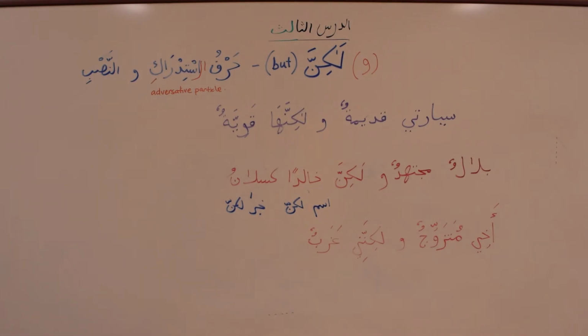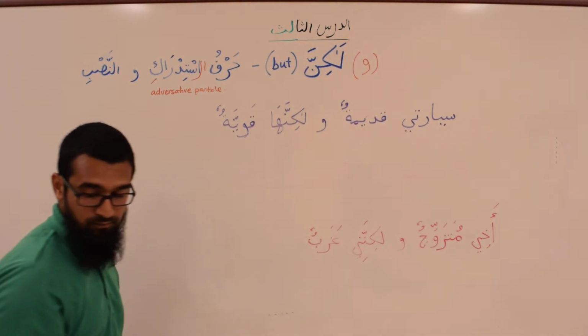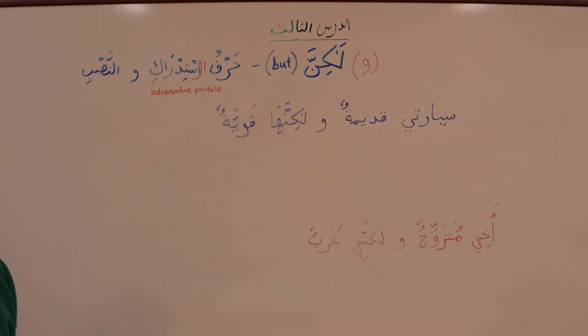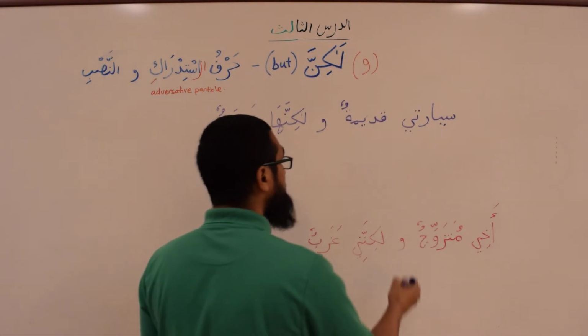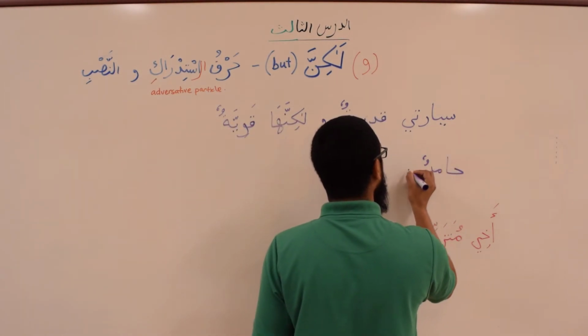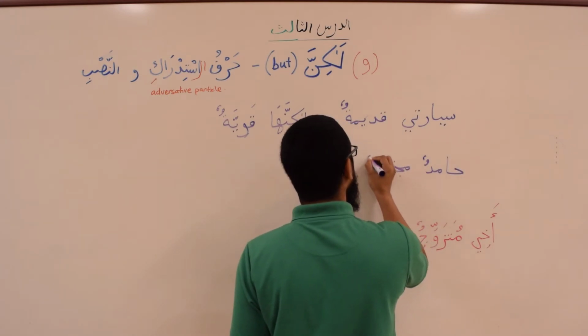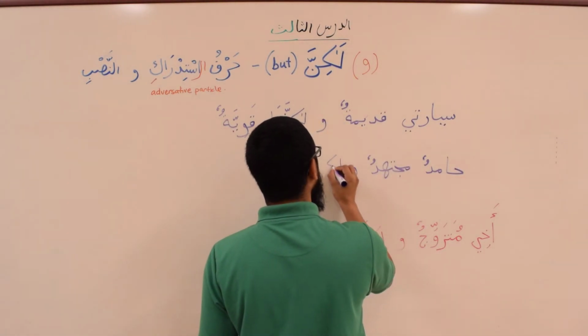And the last example I'll give. It's a little bit similar to the one before, but there's something that you need to observe. حامد مجتهد ولكن.